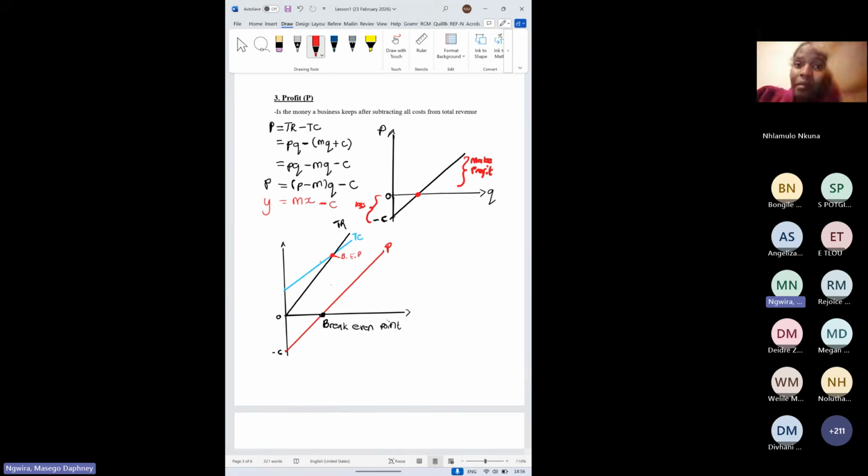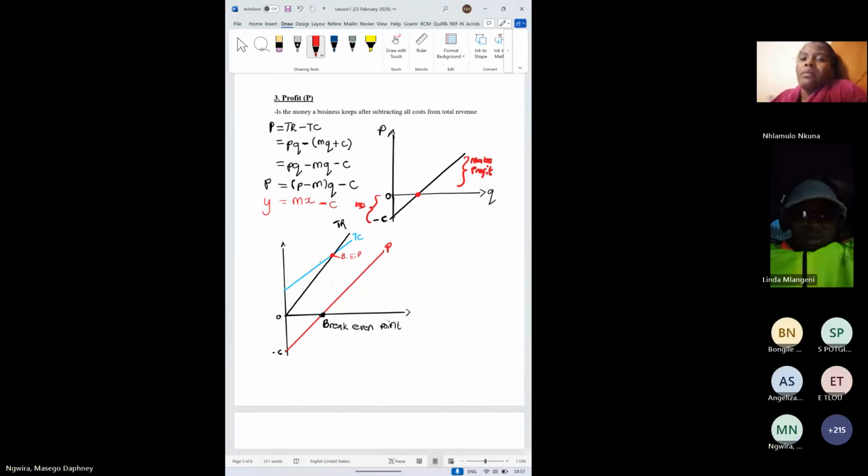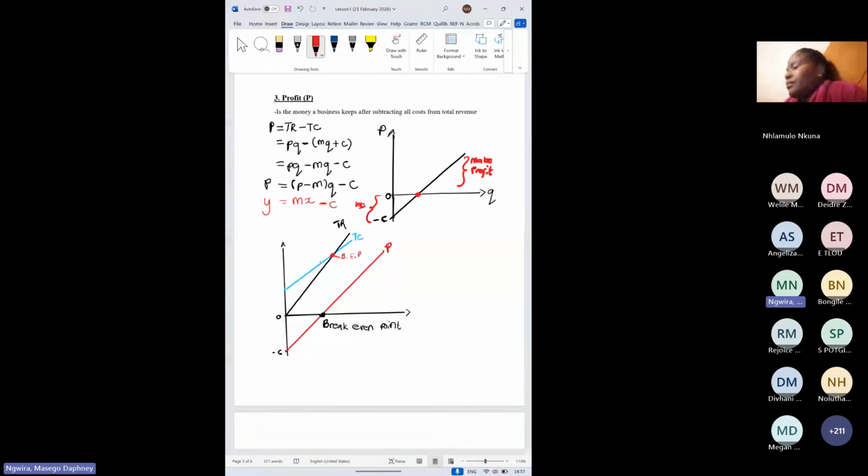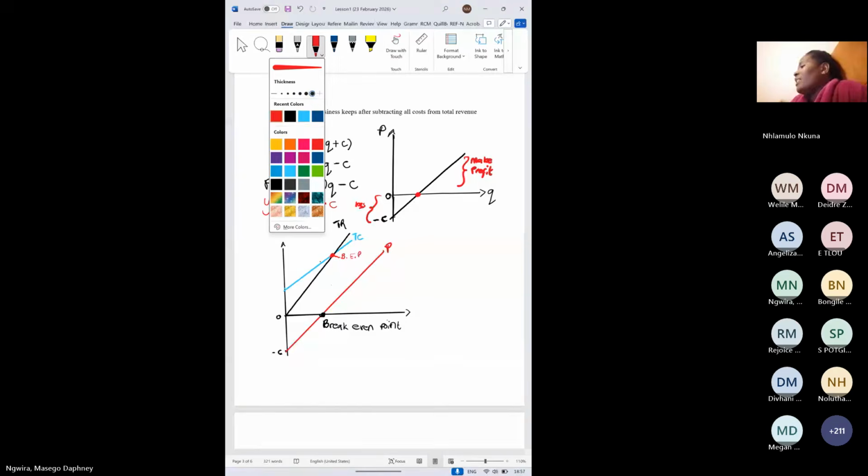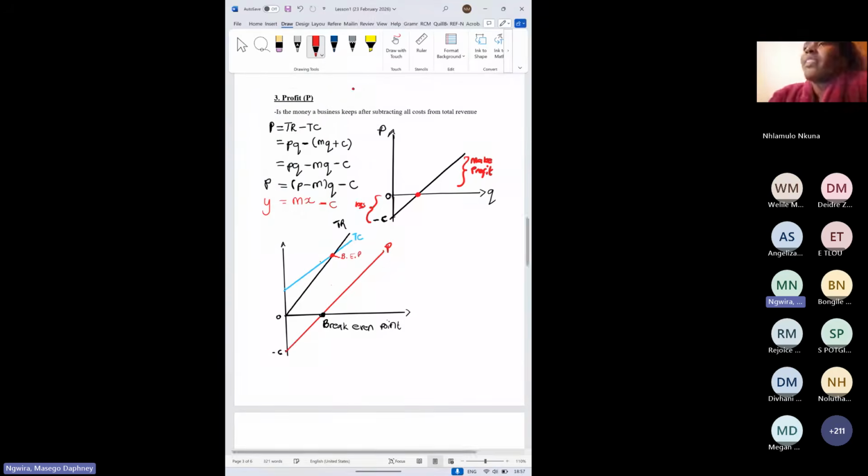All right. So from your notes, you'll see that we said that if your total revenue is bigger than your total cost, then the company makes profit. So on your graph, if a graph is on top of the other, that graph is bigger. If you check the blue one, it is on top here. From here to this point, your total cost is at the top.